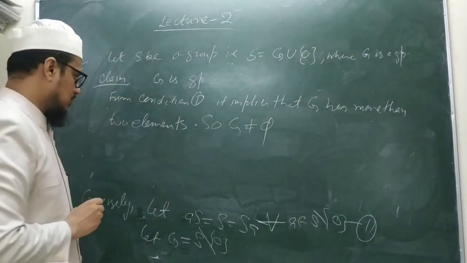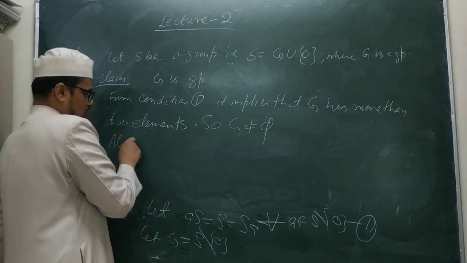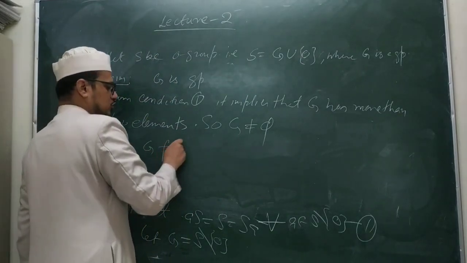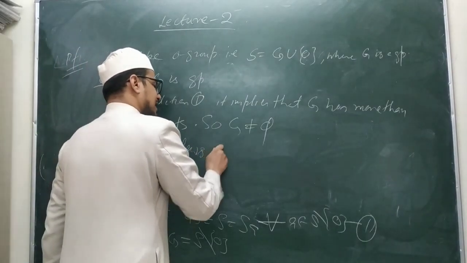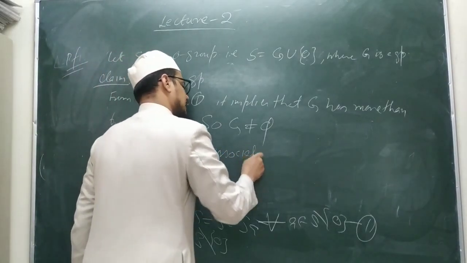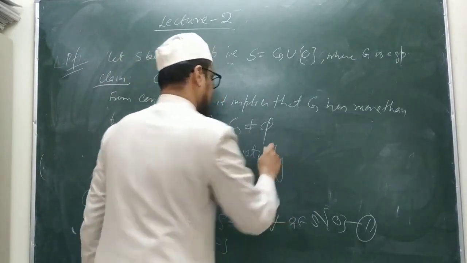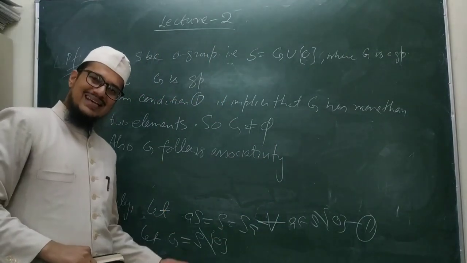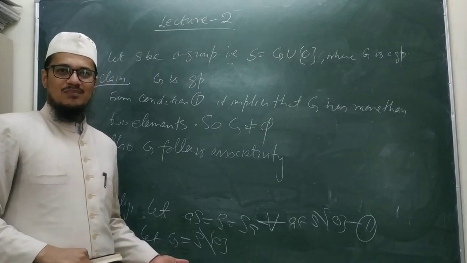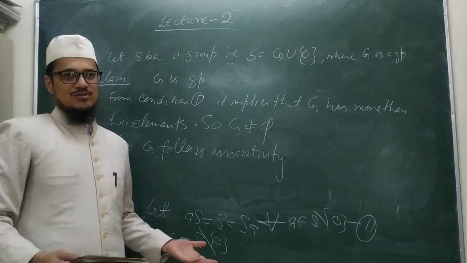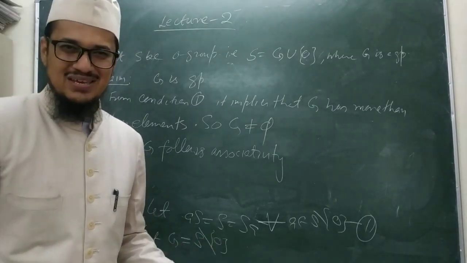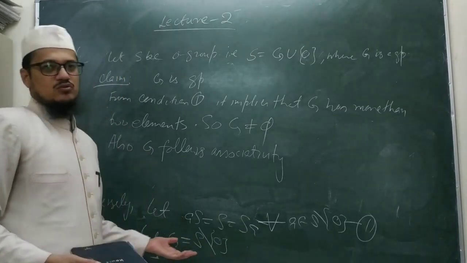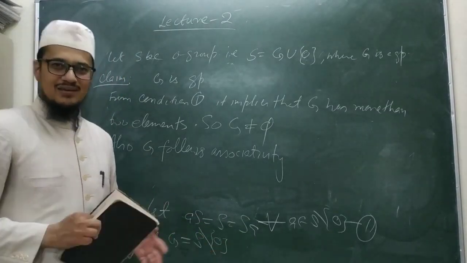Correct? Also, G follows associativity. Because G is equal to S minus 0, and S is a semigroup, and elements of a semigroup follow associativity. So when G is equal to S minus 0, elements of G also follow associativity.